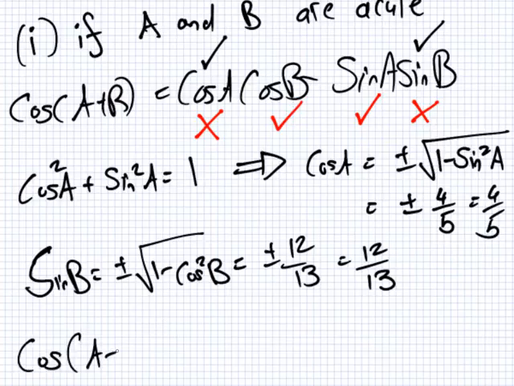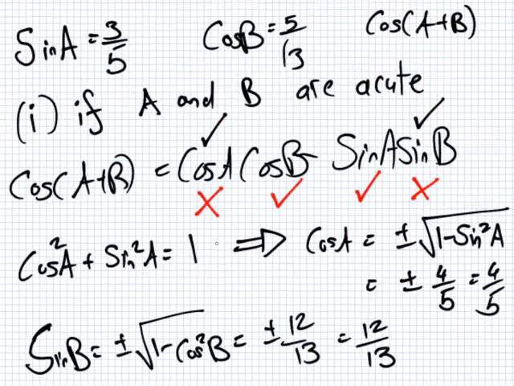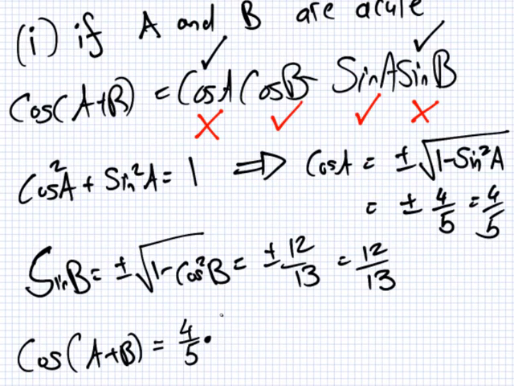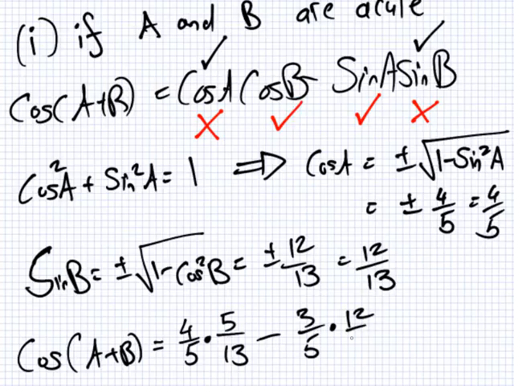Cos A plus B is cos A, which is 4 over 5, times cos B, which is 5 over 13, minus sine A, which is 3 over 5, times sine B, which is 12 over 13.